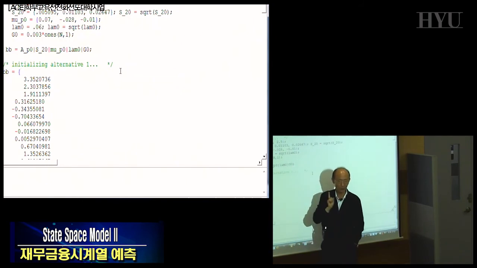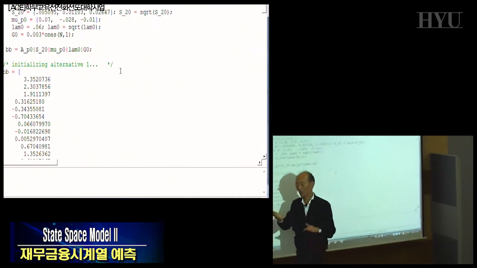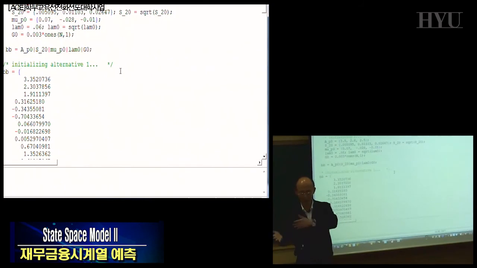Slope. As I said, the sensitivity parameter to alpha t, the level factor, was flat. And the sensitivity factor for the slope factor was declining this way, right?